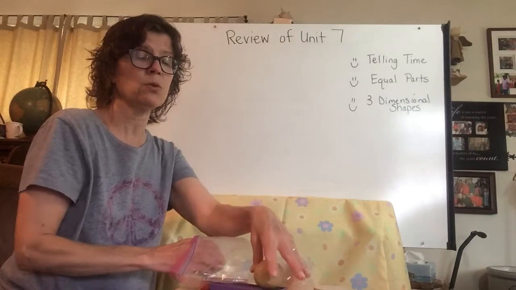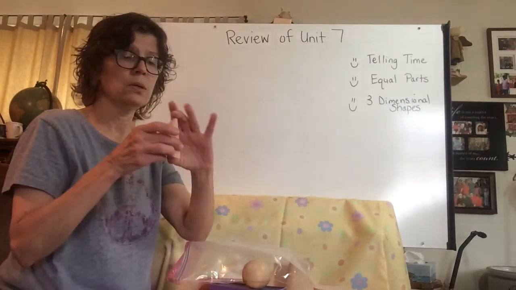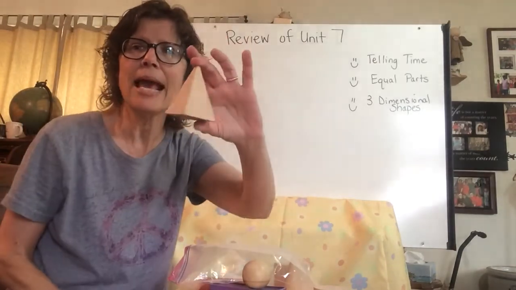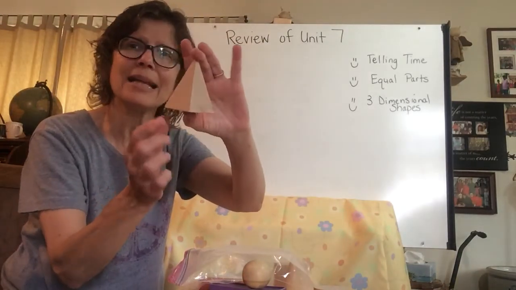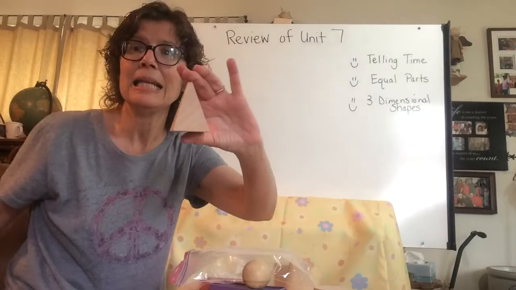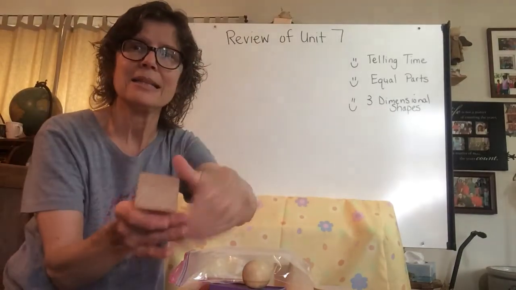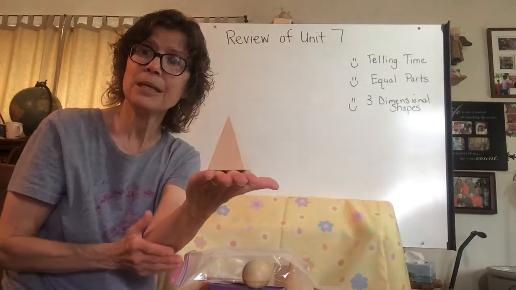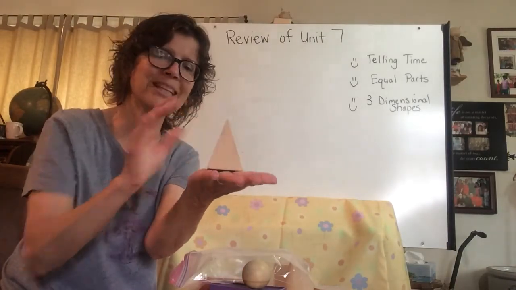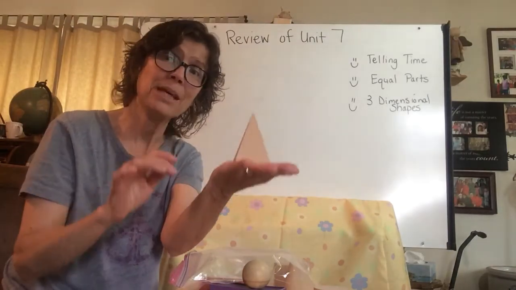Oh, my sphere's rolling off. Ooh, this is a little different. It's a, who knows what that is? Pyramid. Look at that. Isn't that cool? I love that. It's got the face down here, and there's faces here. So it's a pyramid, and when I hold it like that, that's really kind of cool shape. Pyramid.